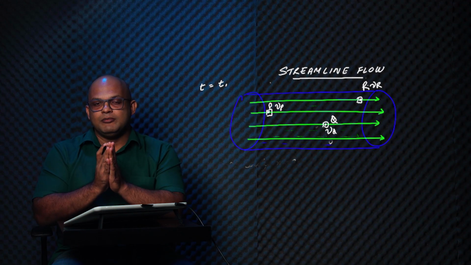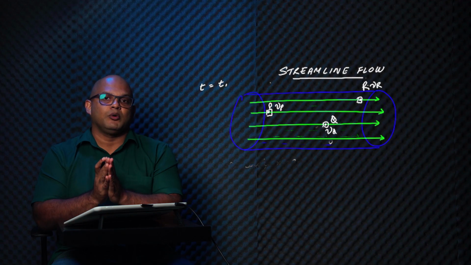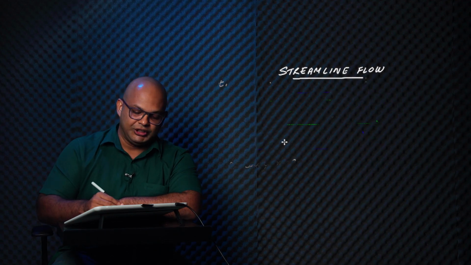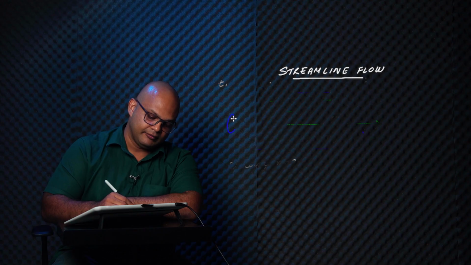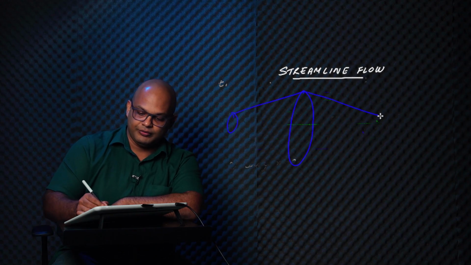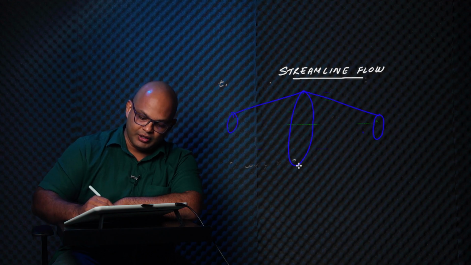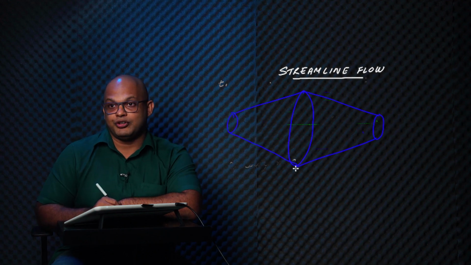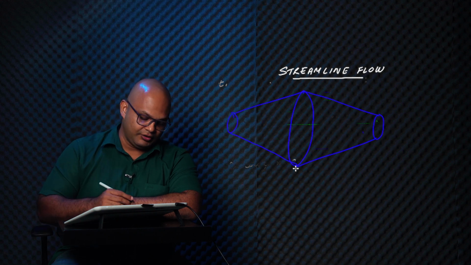Let's try a slightly more complicated example to understand what is happening here. Let's say that we have a differently shaped pipe such that its cross section is not constant. So here we have a pipe whose cross section is changing. Let's again define 3 points.